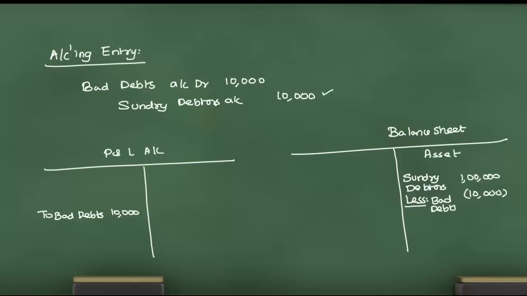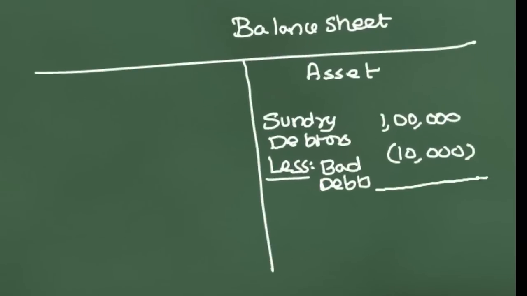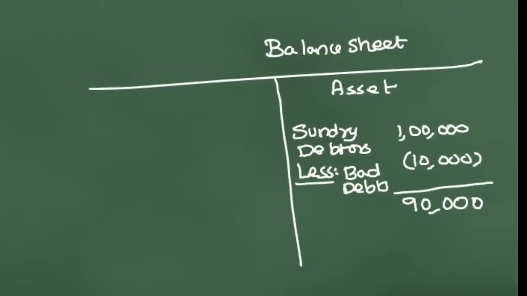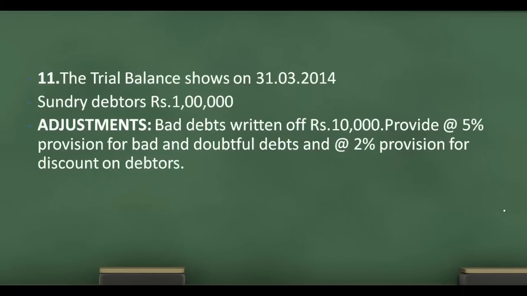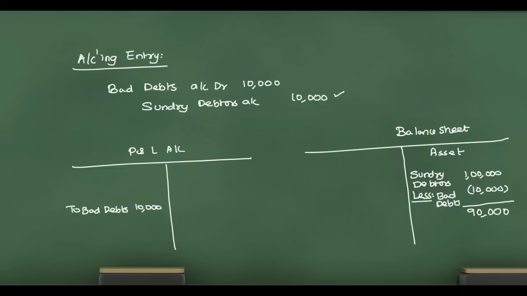Now what is the debtors available for the company? It is 90,000. So on this 90,000 provision have to be made, because already 10,000 has been accounted as bad debts. The company expects 90,000 will be recovered. Even then company believes some 5% will not come. So company says provide for those 5% also.